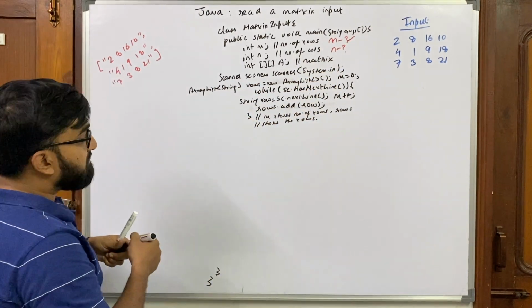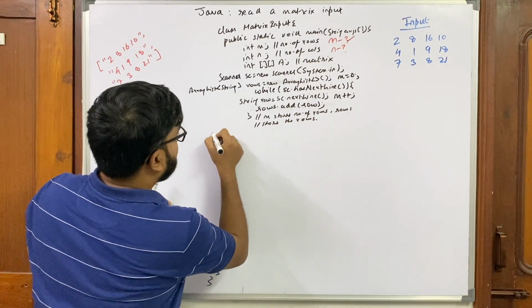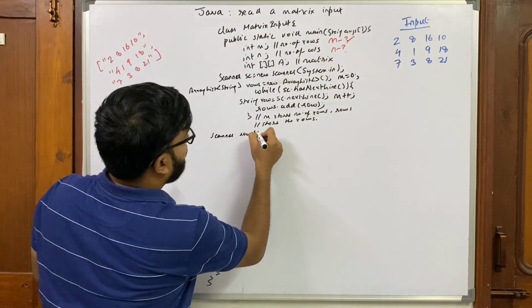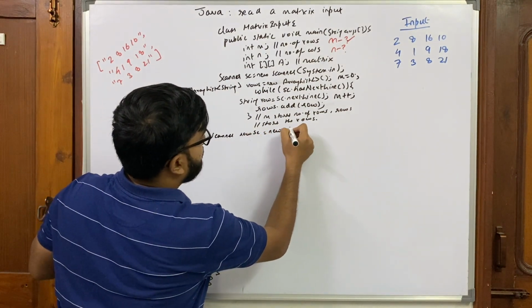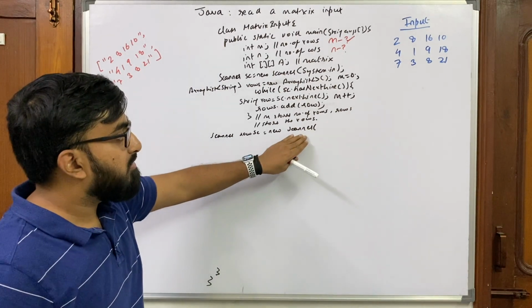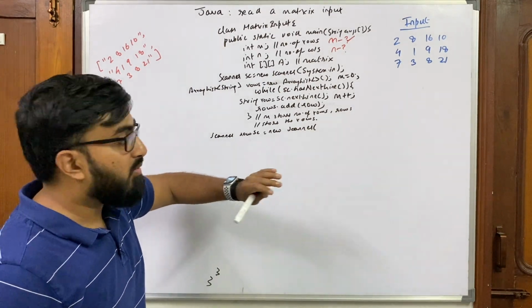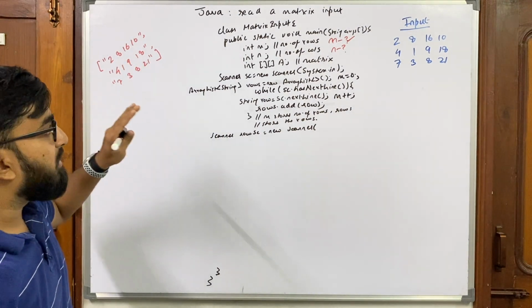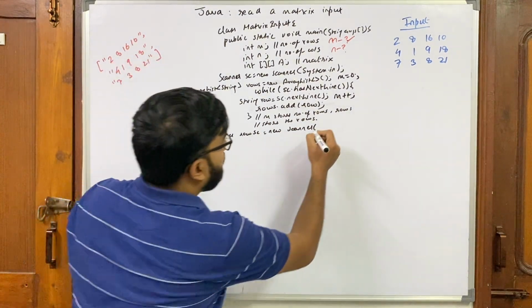So we can say Scanner rowSc equal to new Scanner, and we can pass a string to this Scanner as a source. What is the string that I want to pass? I want to pass a row string. So I'll pass the first row.